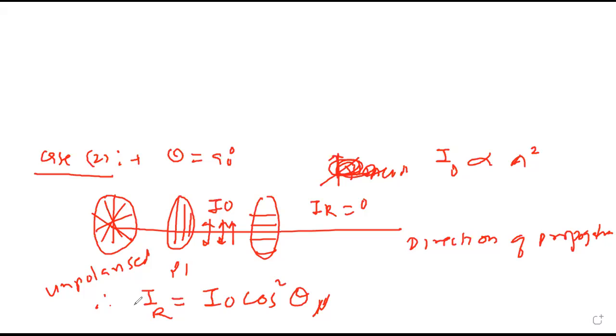So in general, if there is any angle, then it will become case 3. The angle between two polaroids is theta.